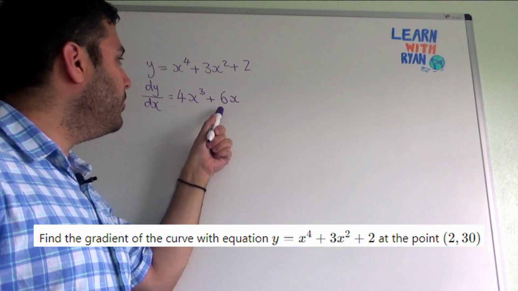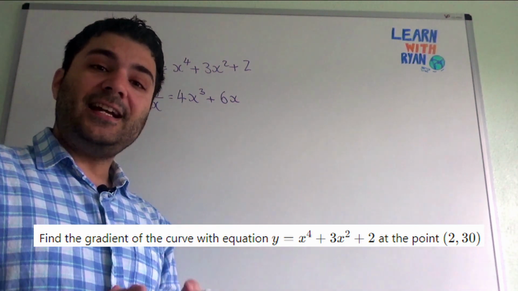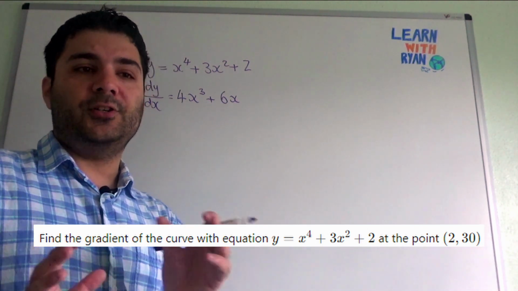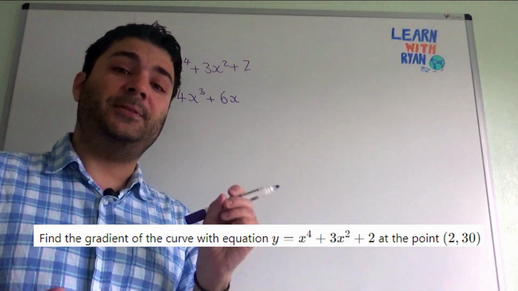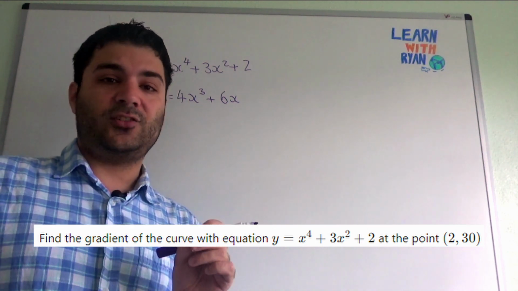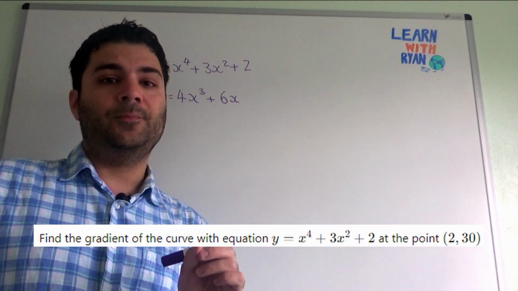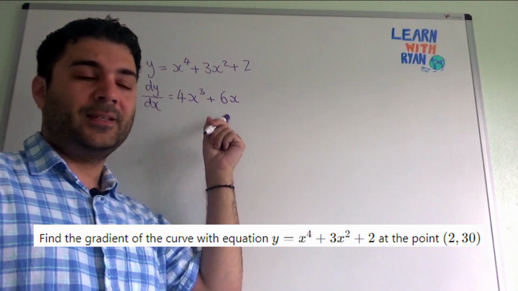4x cubed plus 6x. So the next thing we need to do is take our point 2, 30, and we want to find the gradient at that specific point. So for that, we need to take our x coordinate, which is the 2, and essentially we just substitute it into this here.